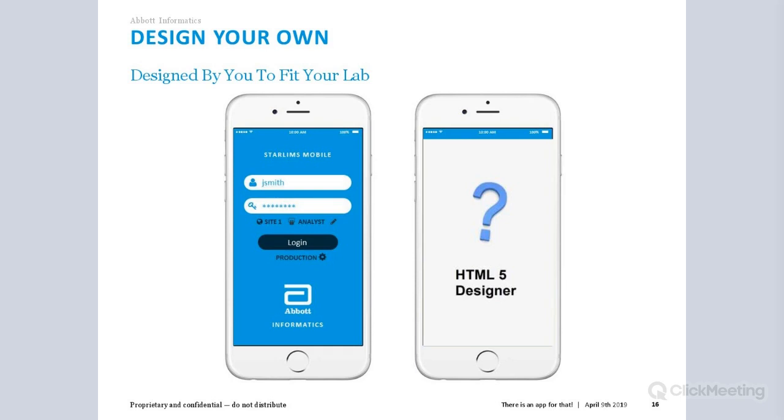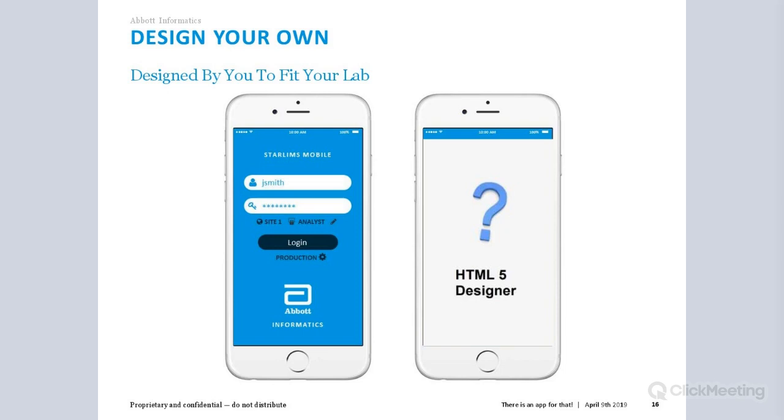You don't need to hire app developers for the Apple or Android platforms or invest in special programming environments different to STARLIMS. Instead, you actually use STARLIMS programming skill sets as well as the existing STARLIMS server that you have, and you can develop your own apps.